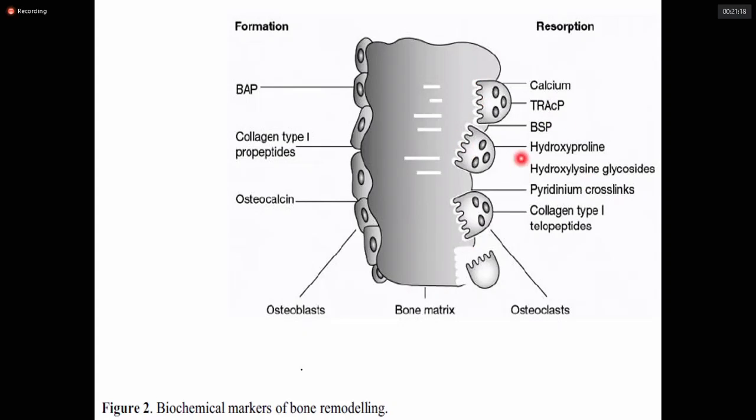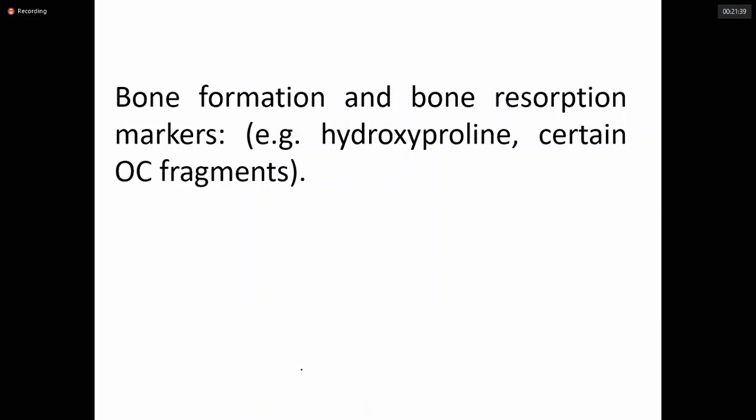So these markers are just the fragments of the proteins that we could have in the blood due to the destruction of the bone. The calcium is another indication as an ion, as well as a marker for the bone resorption in the bloodstream.